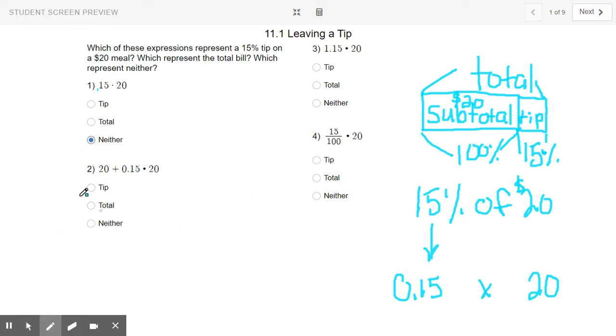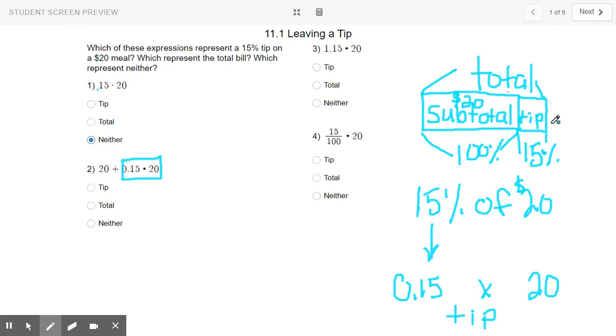Okay, so now let's take a look at number 2. 20 plus 0.15 times 20. Right away I'm noticing something. This is exactly what I just calculated, right? It's 0.15 times 20. And that's going to give me the amount of the tip, because we are giving 15% of the $20 meal. So that's just this part. Here they're saying 20 plus that.